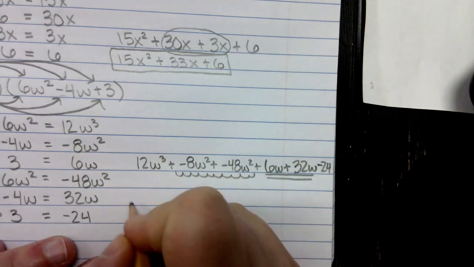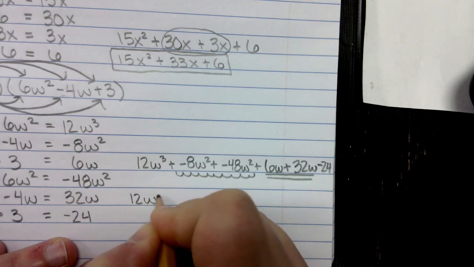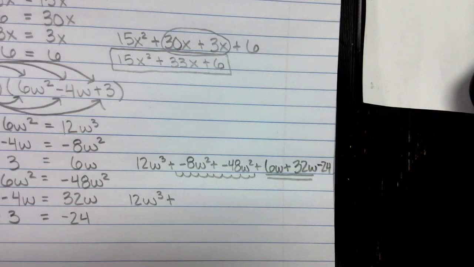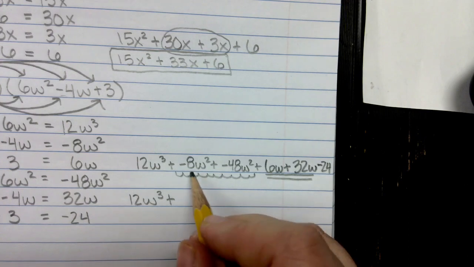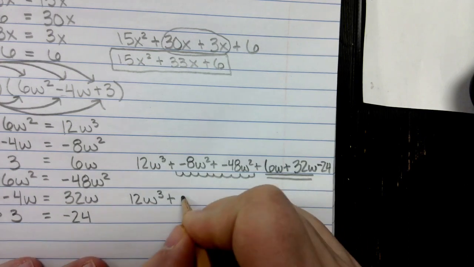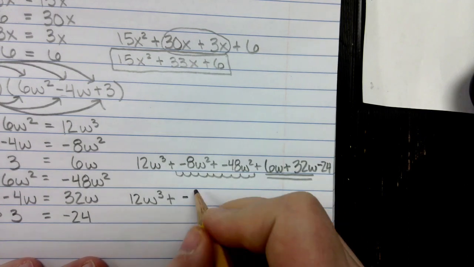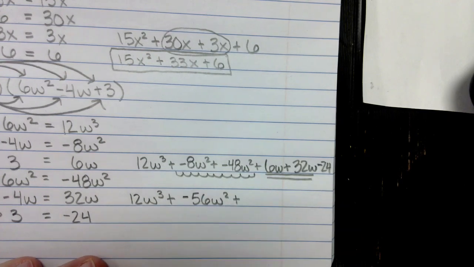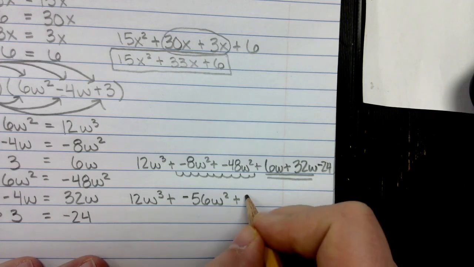And then what's negative 8 plus negative 48? Negative 56w squared. 6 plus 32. 38w. And then we have that minus 24 that you can either write minus 24 or plus negative 24.